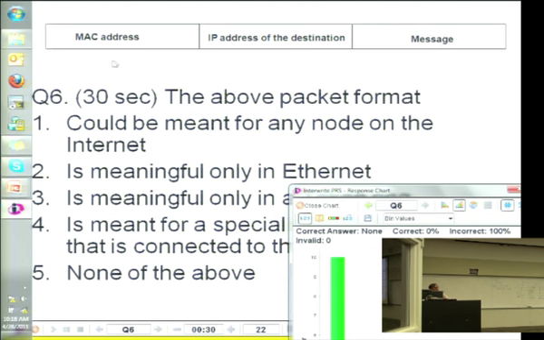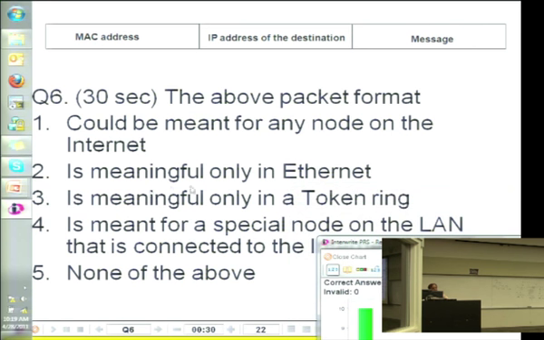But when you stick a MAC address in front of it, you're sending it to a particular node on the local area network. A MAC address is not visible on the internet, only within a local area network. So the minute you tack on a MAC address, it is being sent to some other node on the same local area network.